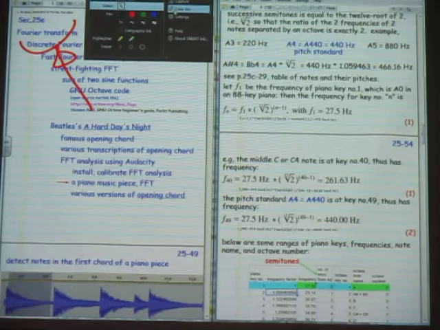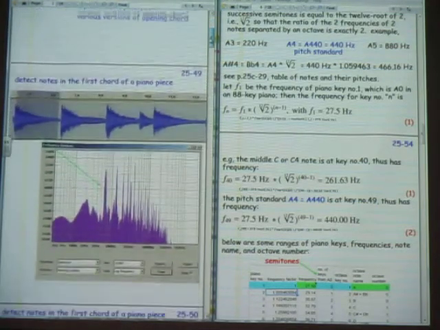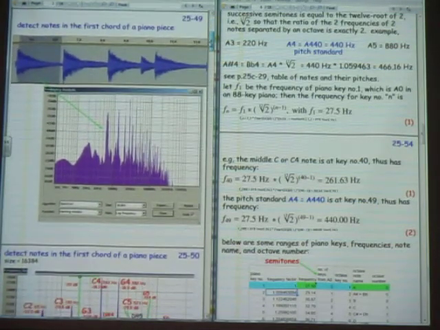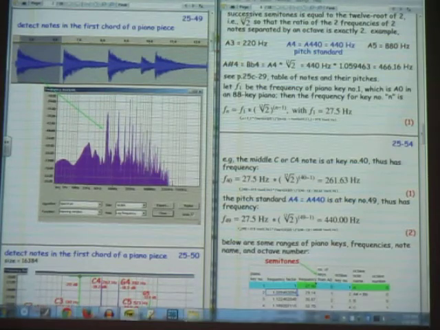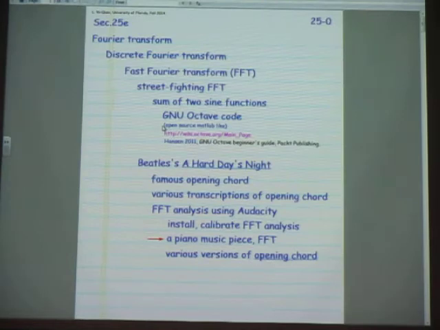Now let me simply step back and motivate, because we have more time. This is the recording of sound, actually a beautiful piano classical music piece. We'll come back to that later, but I just want to have a quick motivation.